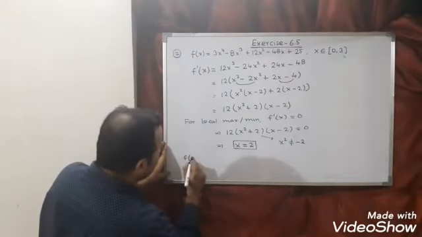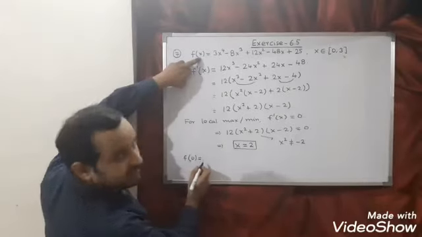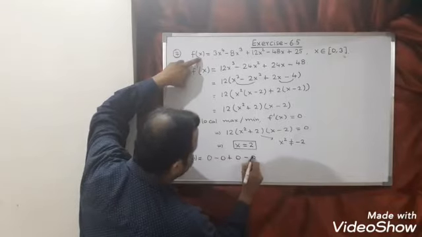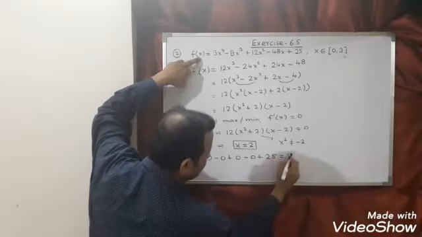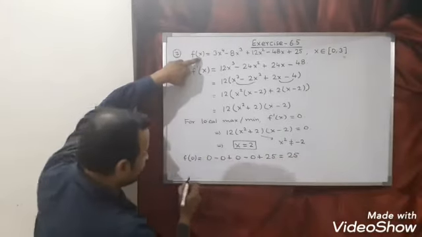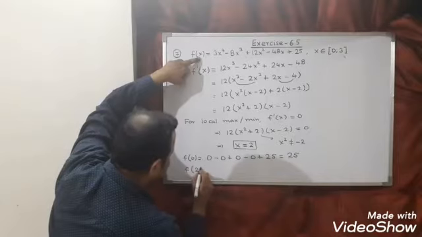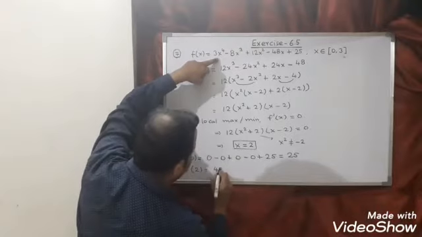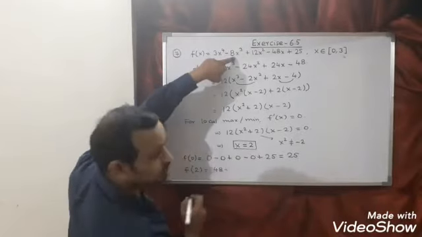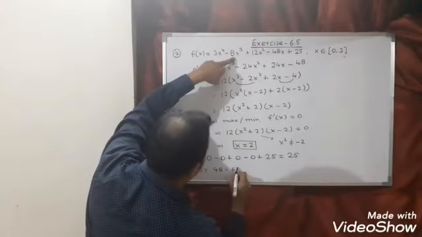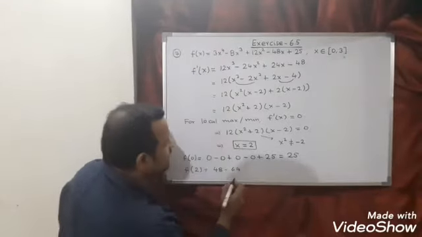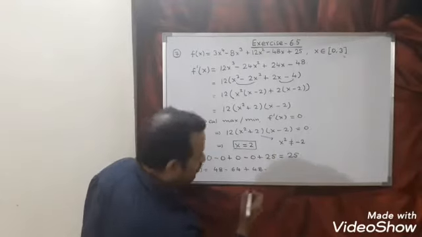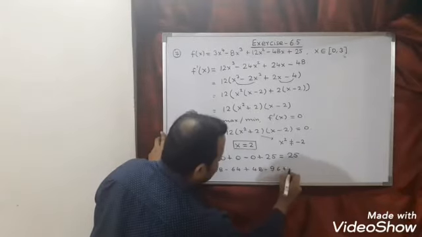So calculate f of 0. Put in place of x 0. So 0 minus 0 plus 0 minus 0 plus 25, you will get 25. Next, put x is equal to 2. So f of 2 is equal to 2 power 4, 2 2s are 4, 16. So what you will get is 48 minus, 2 cube 8, 8 8s are 64, 2 2s are 4, 4 into 12, 48 minus 48 into 2, 96 plus 25.